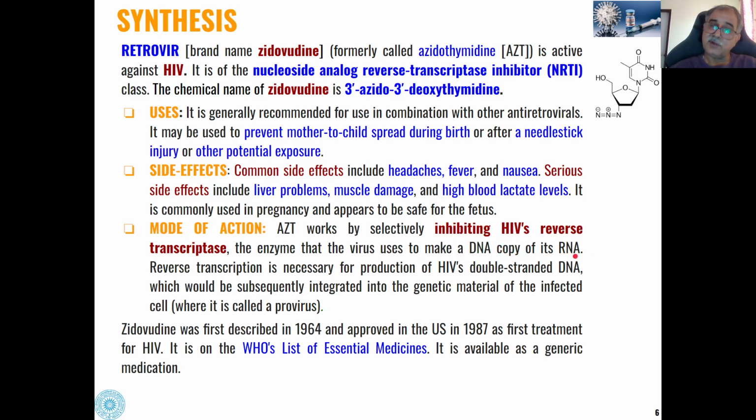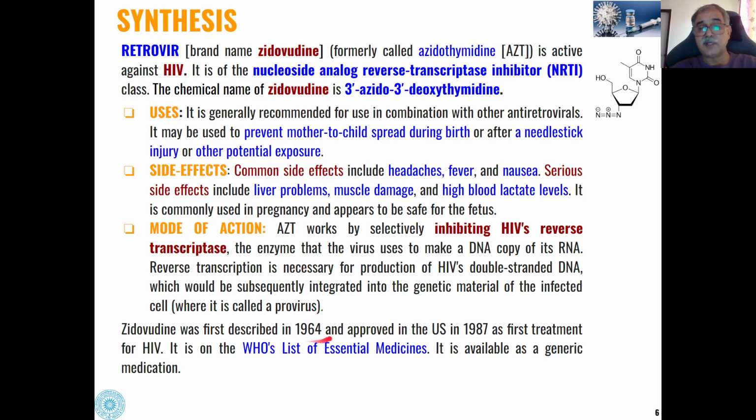So if RNA of the virus is to be converted into viral DNA, then this reverse transcriptase enzyme is necessary. And this AZT will inhibit this enzyme, and that is why there will be no conversion of RNA to DNA.